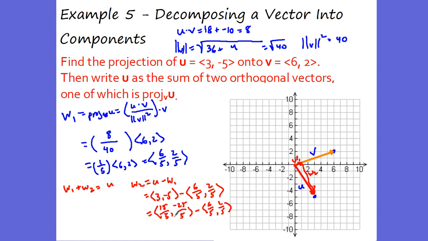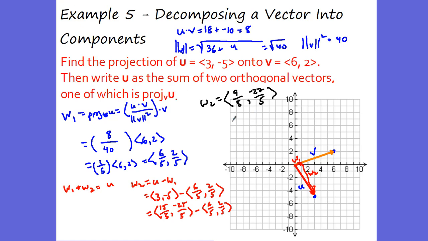Which means w2 is 15/5 minus 6/5, that ends up becoming 9/5, and negative 25 minus 2, that's negative 27/5. And that is what we call w2 right there.